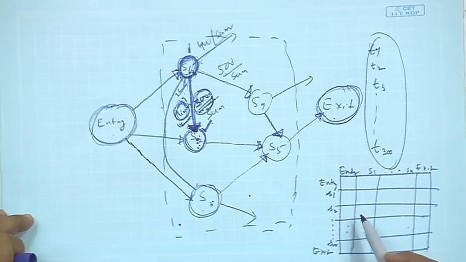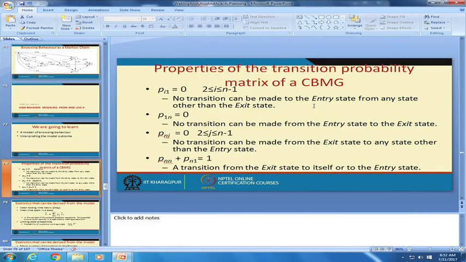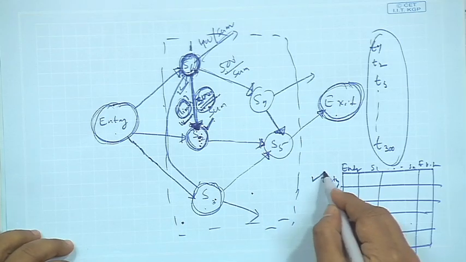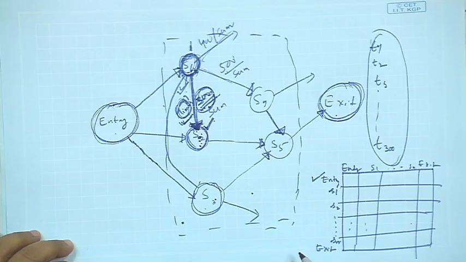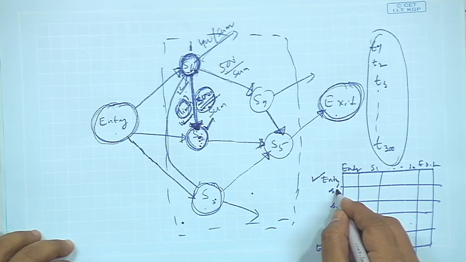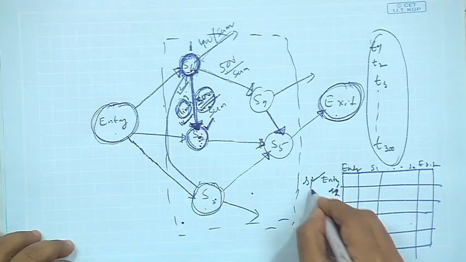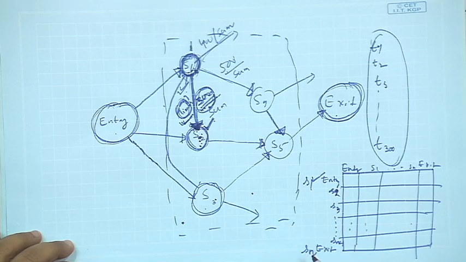In this transition probability matrix, my first state is the entry state and my nth, last state, let us call it from S2 onwards so that it becomes consistent. This is the S1 and this is my Sn.